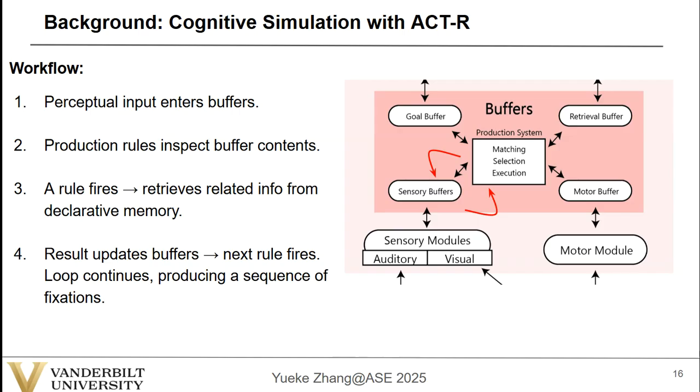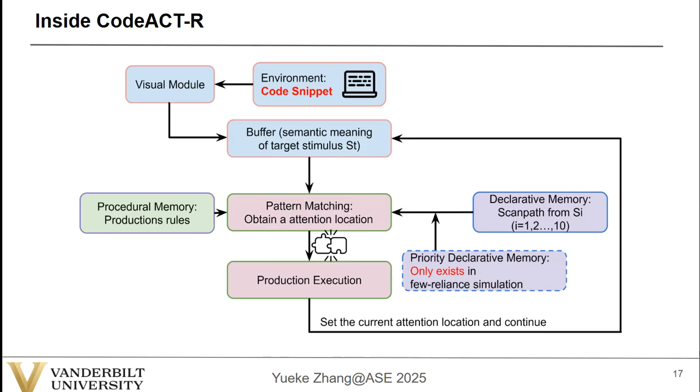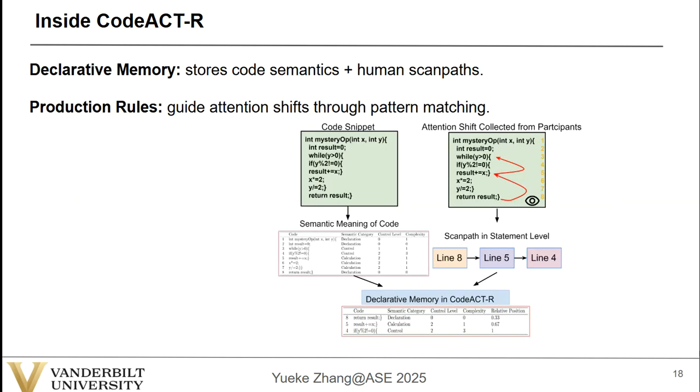So how can we adapt this to code comprehension? We encode a snippet so that the visual goal buffer can see the structure, and the rule proposes the next fixation, which is the line humans are more likely to look at. The retrieval can favor lines that past humans looked at in similar code when available.